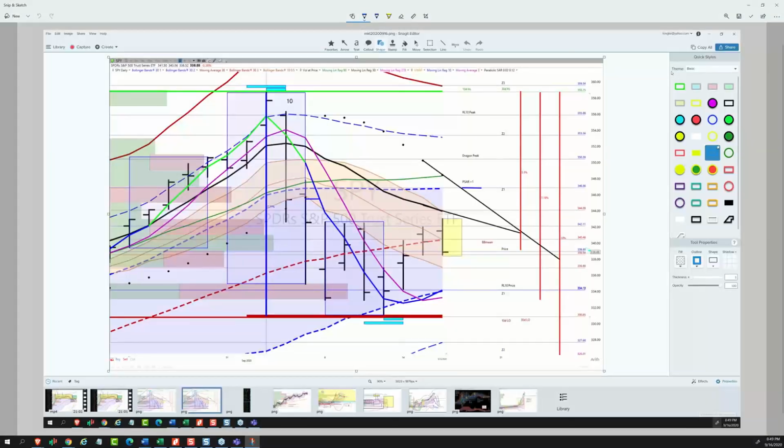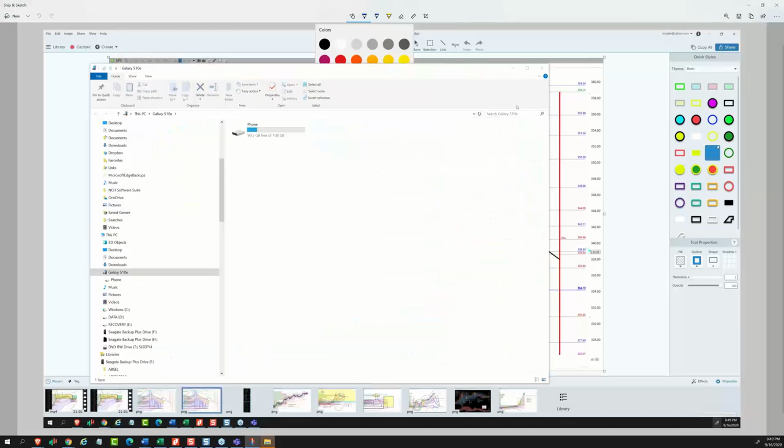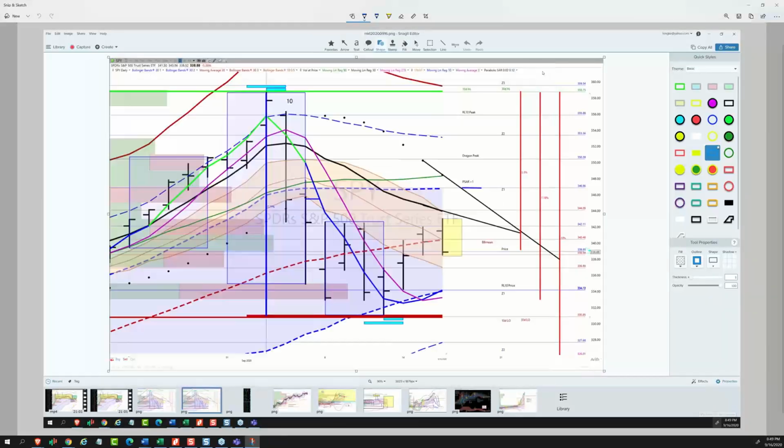All right, so now we're going to look at some specific support levels. So we have the low of the day, and price was very close to the low of the day, so that's discouraging for tomorrow. We have the lower skin of the dragon at like 336.9.